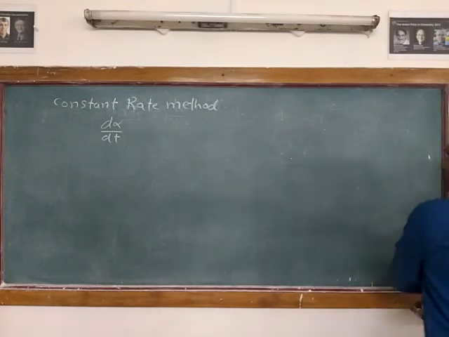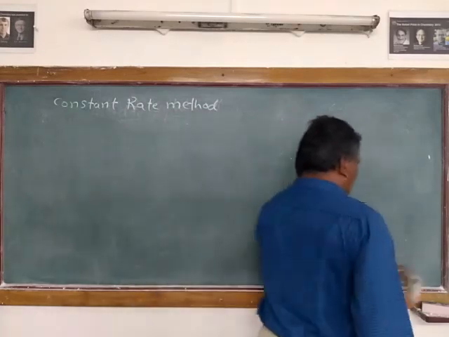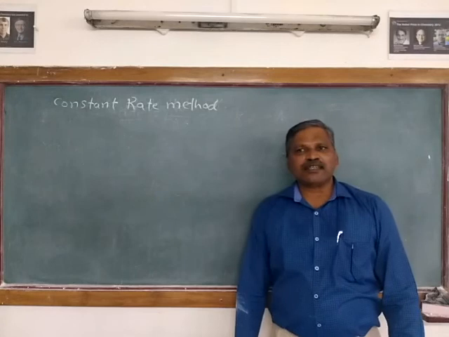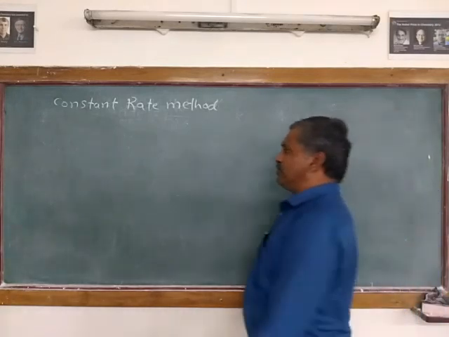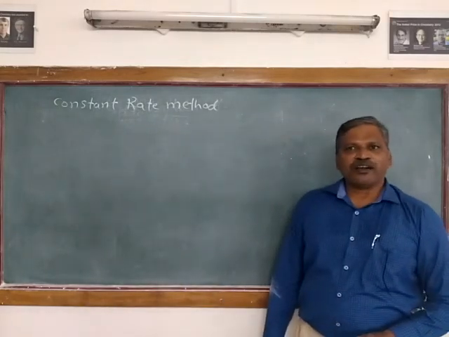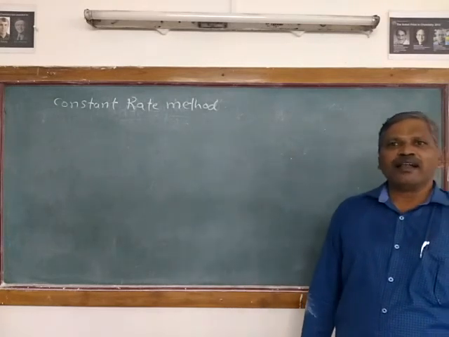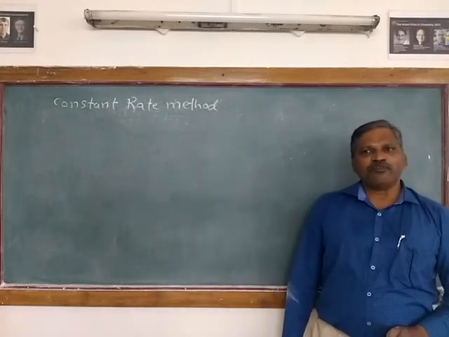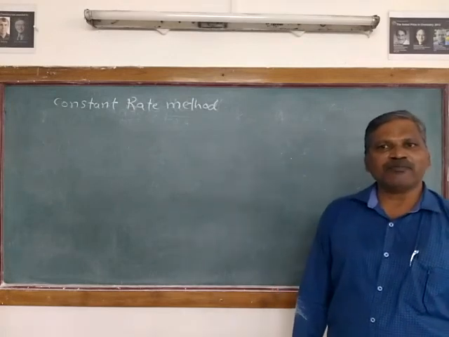So, by using the constant rate method, Reading has described the rate jump technique, where the temperature and pressure are controlled such that at a certain temperature the rate of mass loss is constant at d alpha by dt.